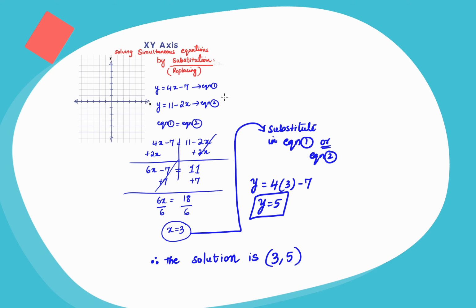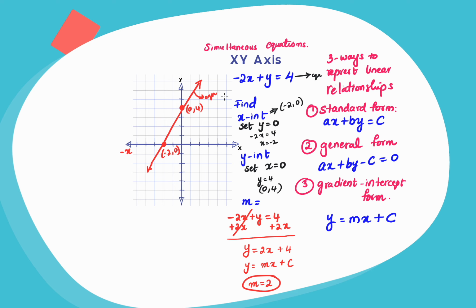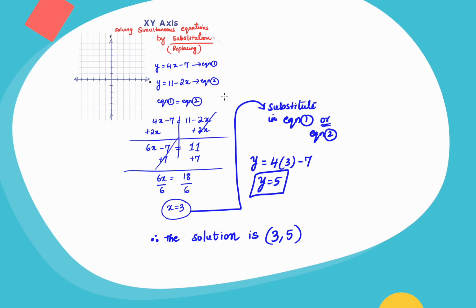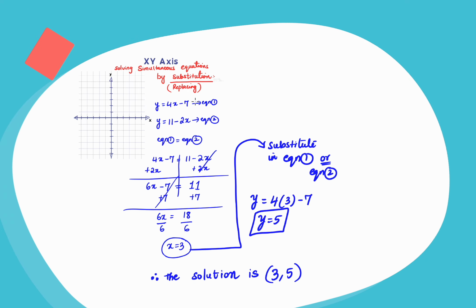The gist that I just showed you up here is prior knowledge, to quickly understand what a linear relationship is, and what x and y intercepts are. Now, when you are given two equations, if they are intersecting lines, they intersect at only one point, and that point is called the point of intersection, or your solution.